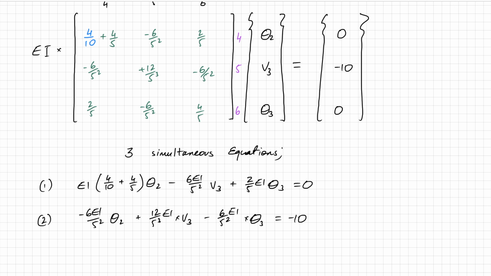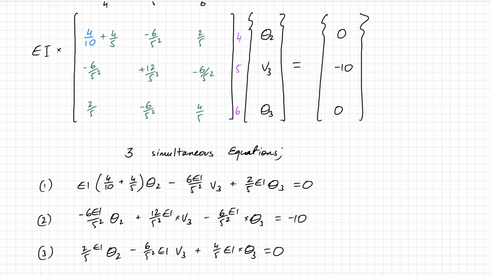And my third equation is 2 over 5 EI theta 2 minus 6 over 5 squared EI V3 and plus 4 over 5 EI times theta 3 equals 0. So now I need to solve 3 simultaneous equations.